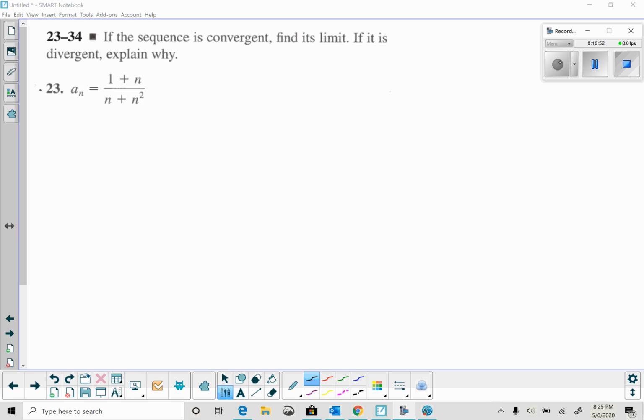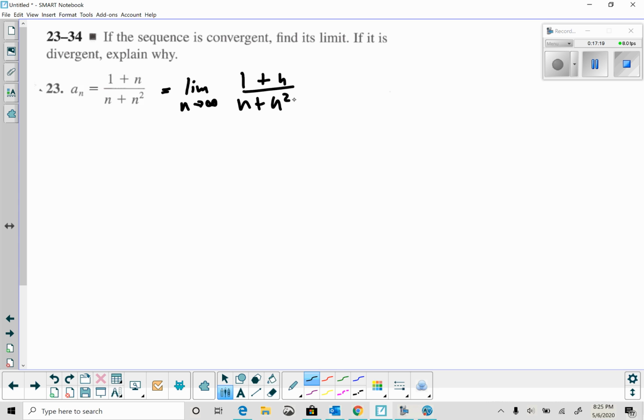Now, if we do this same trick like we did before, if it is convergent, we should be able to find its limit. So we're looking for the limit as n approaches infinity of 1 plus n over n plus n squared.